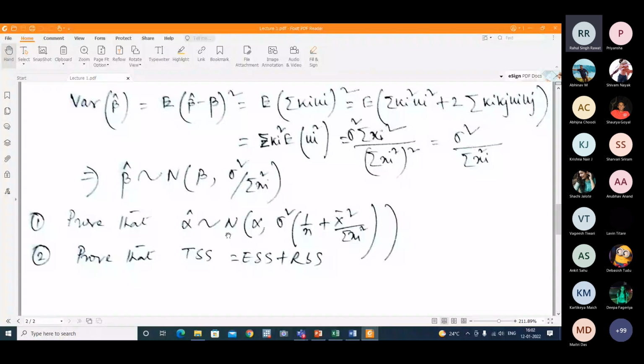The component that is explained by the regression model is known as explained sum of square. It is also known as regression sum of square. And the proportion that remains unexplained is known as residual sum of square.